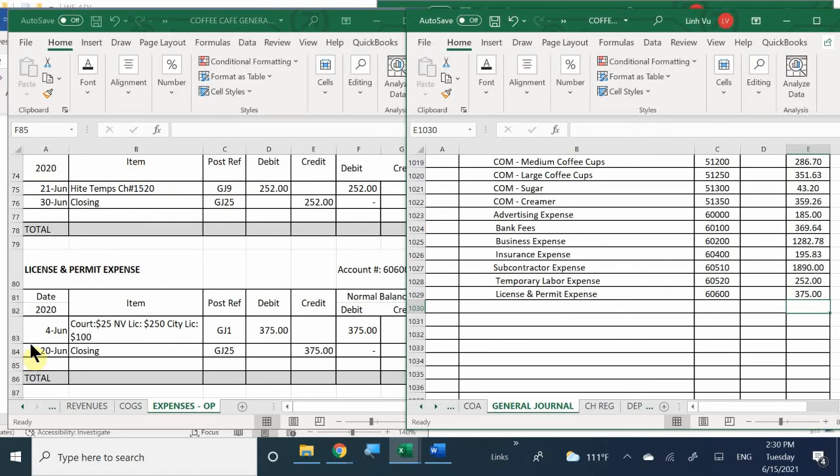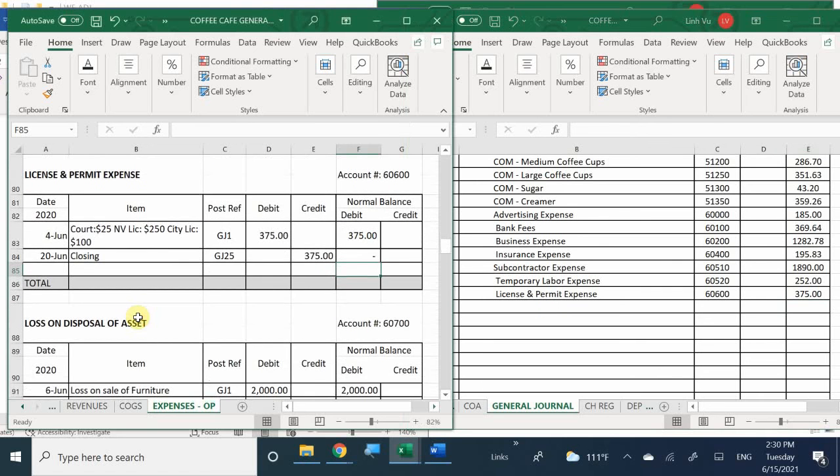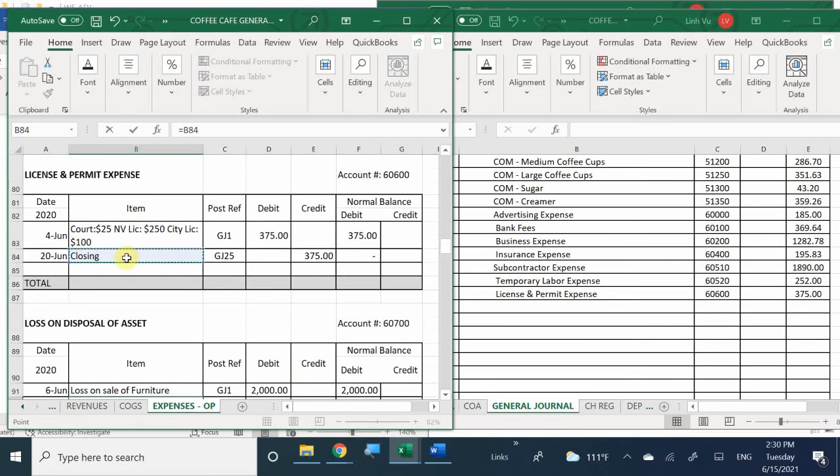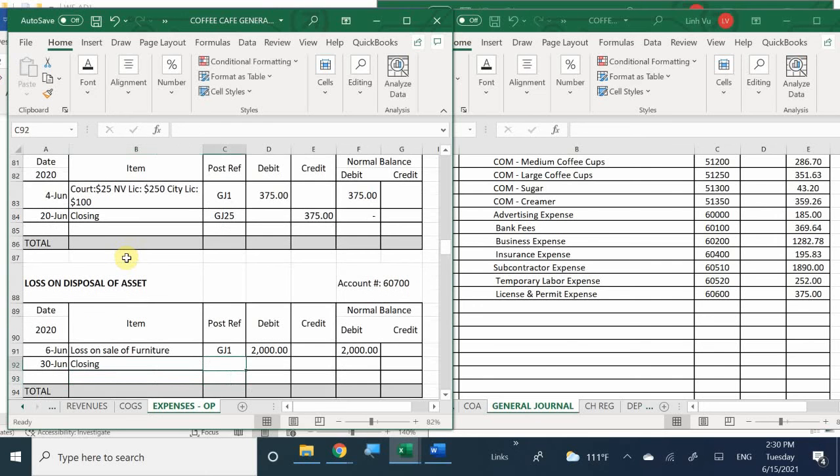Okay. Do we do loss on disposal of asset as well? Every single expense account. Oh, okay. For a credit of 2,000.